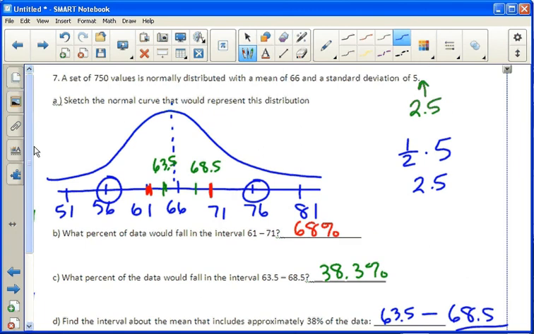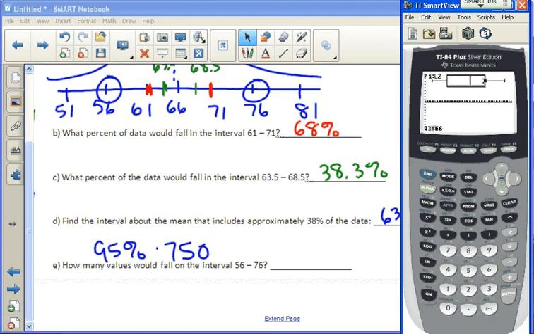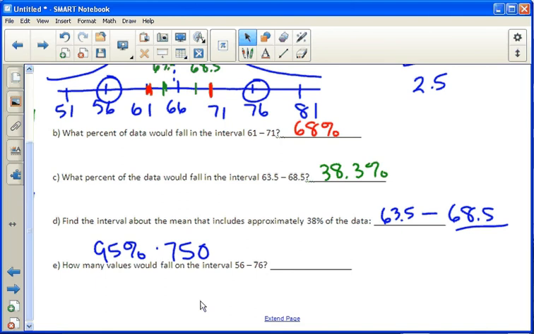And we know 95% of those fall in this range because that's 2 standard deviations. So you have to take 95% of 750. We can do 0.95 times 750, and we find that that's 712.5. So that is the number of values that would fall on that interval.